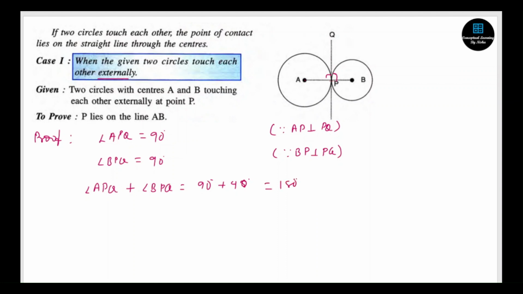Hence angle APB is equal to 180, which means it is a straight angle. So we can say that P lies on line AB. Hence we prove this.